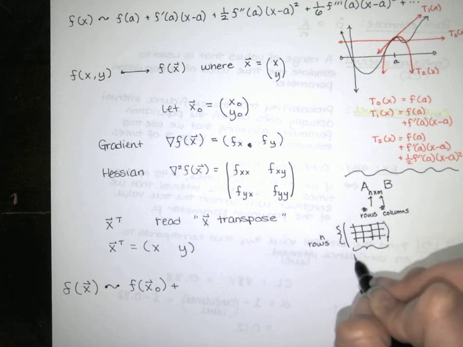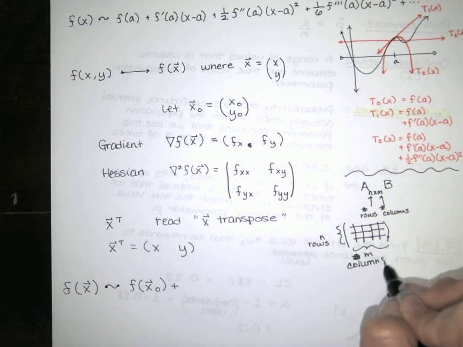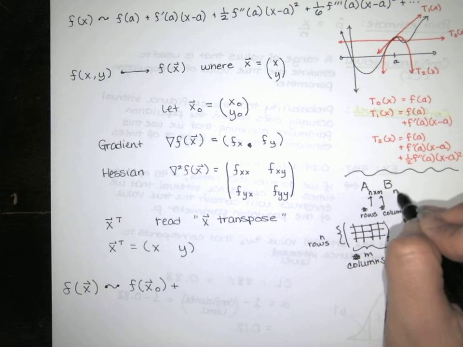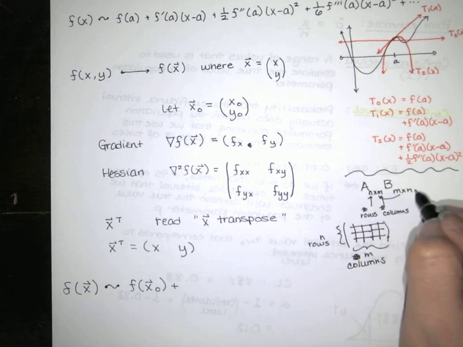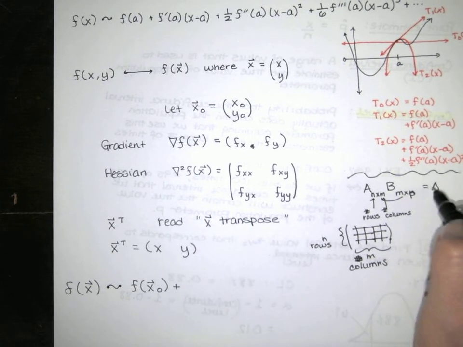Now in order to multiply these, the number of columns of the first matrix has to equal the number of rows of the second one. These two have to match. And that doesn't necessarily have to be the same as that one. That could be p. And the product, AB, will have dimension n by p.